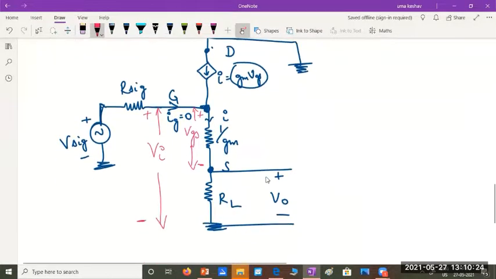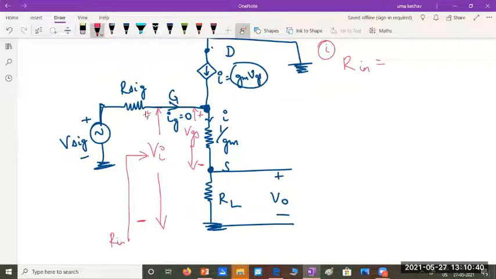This is the complete equivalent circuit. So can we find the input resistance first? Step 1, Rin. Where do I define Rin? At this point. What would be the value of input resistance? What is the current coming here? Vi by Ig, which is 0. So what will I get Rin as?